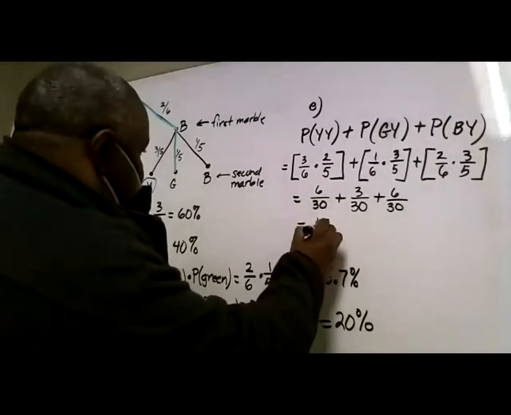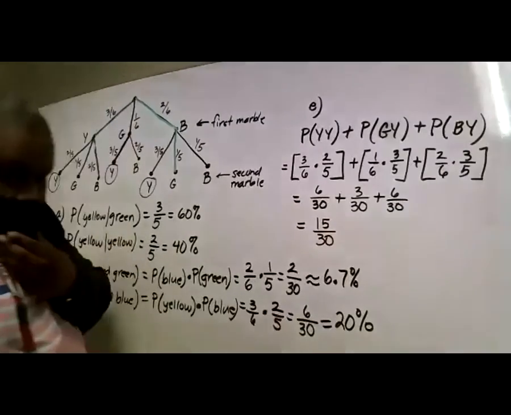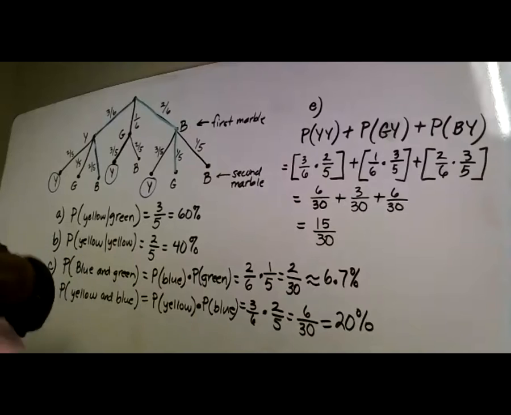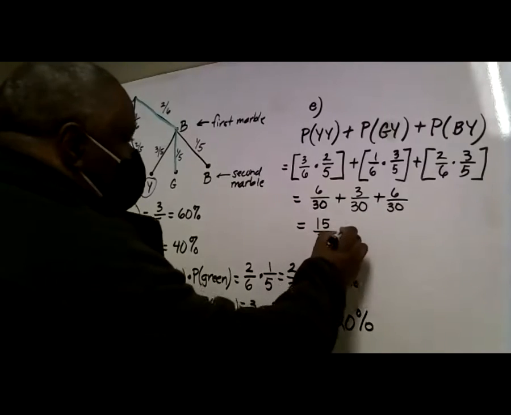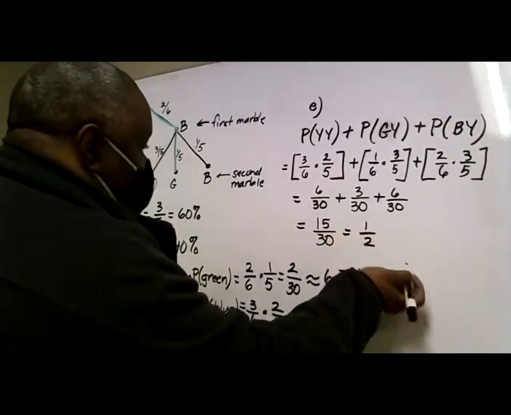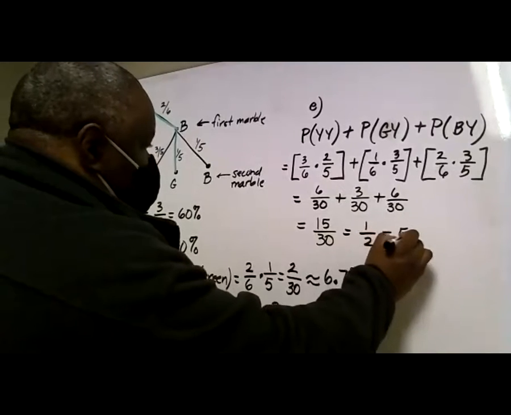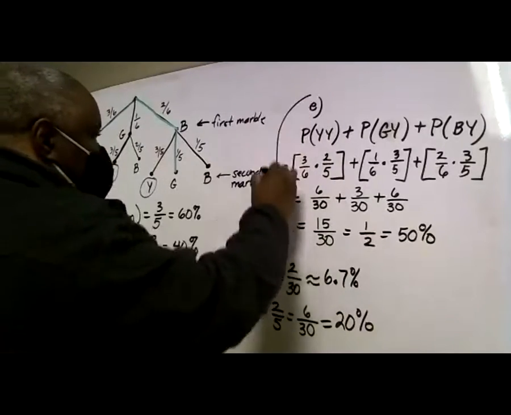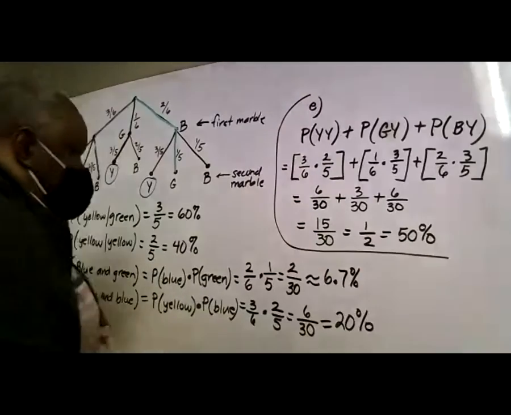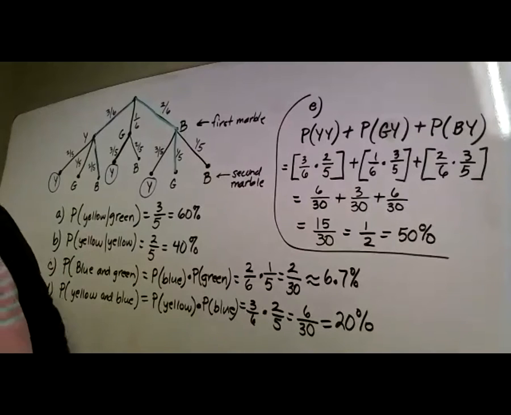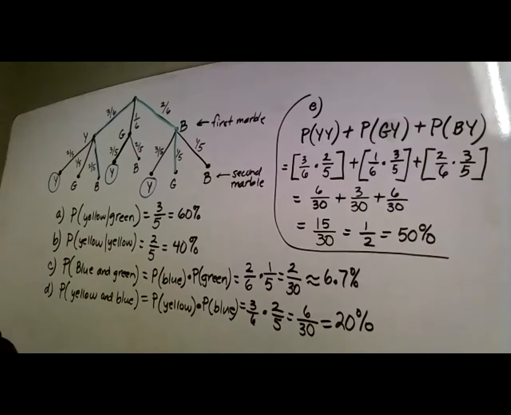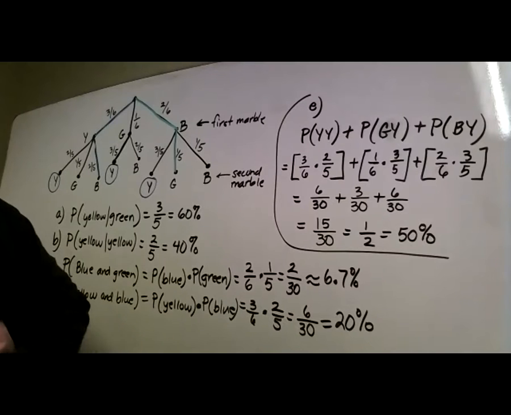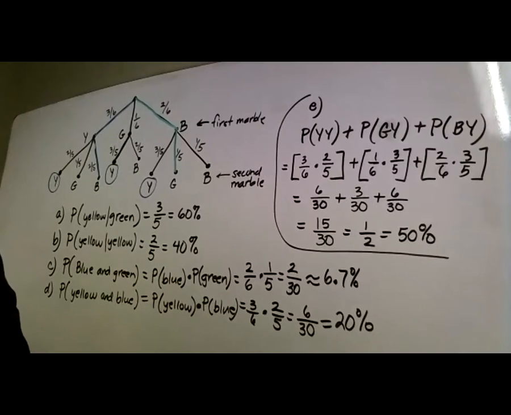This is what, 15/30? And 15/30, in simplest form, that would be 1/2, which as a percent is 50%. So that's part B right there. Okay. All right, so that's how we do problem 7.